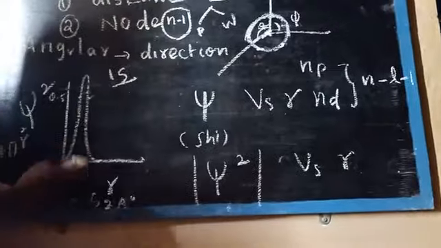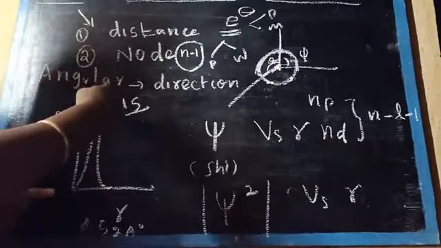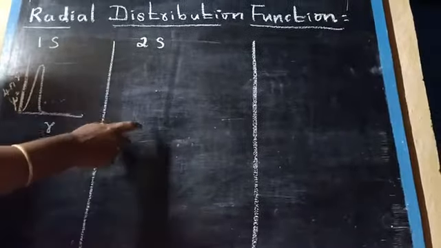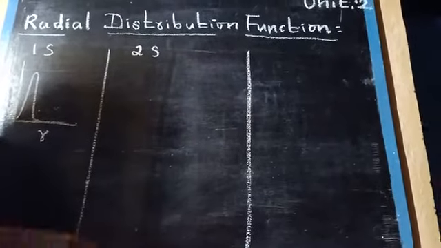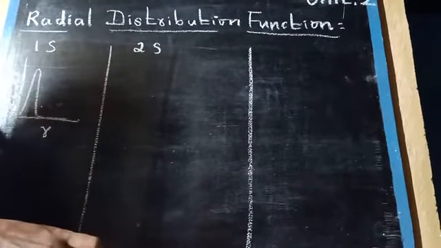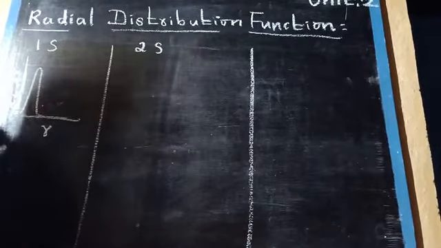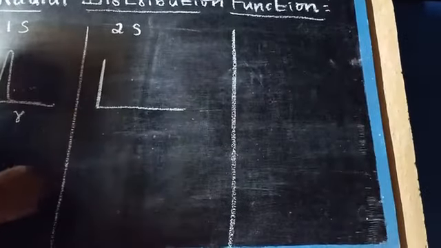Now see the 2s and 3s orbitals: what is the distance? We are going to calculate. In the 2s orbital, we talk about the distance as well as the nodes, using the graphical representation.